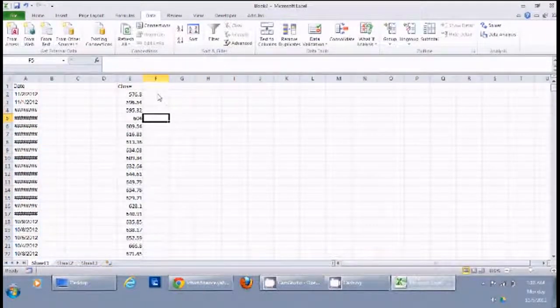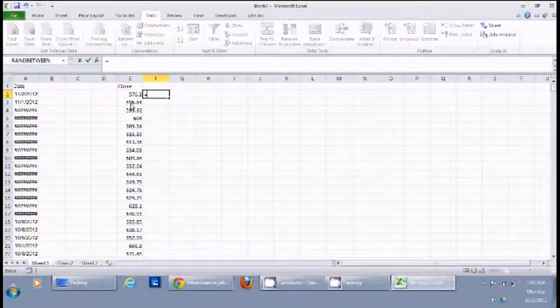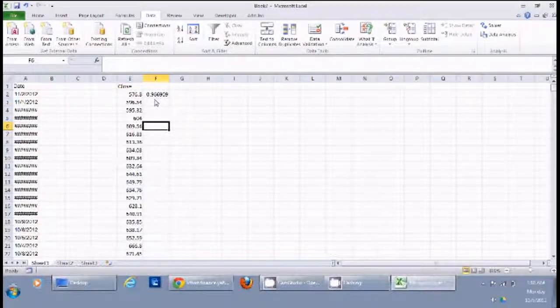And now I can calculate the percentage change in the stock value every day. For that I will divide the present value by the value from the last day, and that gives me 0.966. So the value of the stock remained 96.6% on November 2nd as compared to November 1st.